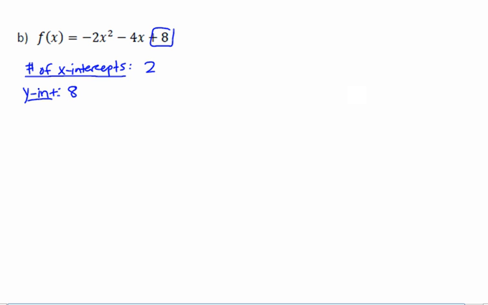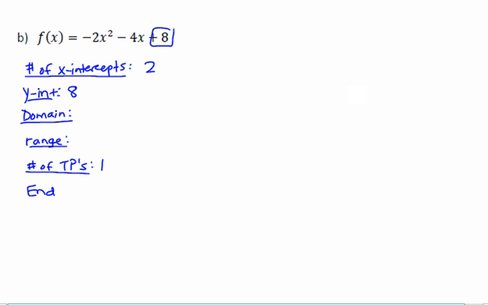Next we did, let's come back to domain and range. And first look at number of possible turning points. How many possible? 1. Good. And we also need, what else? End behavior.